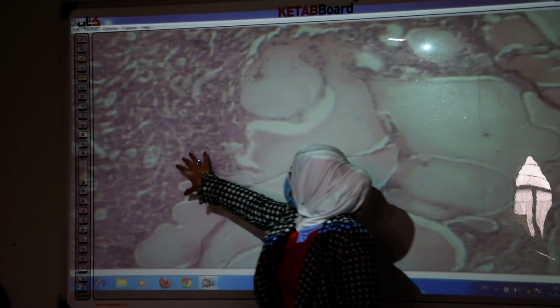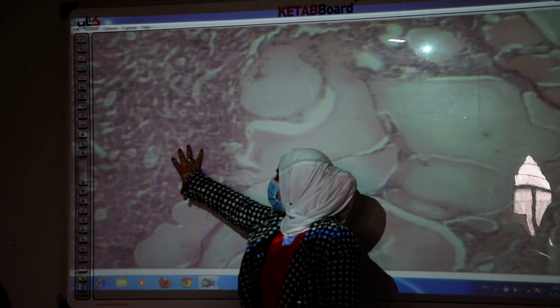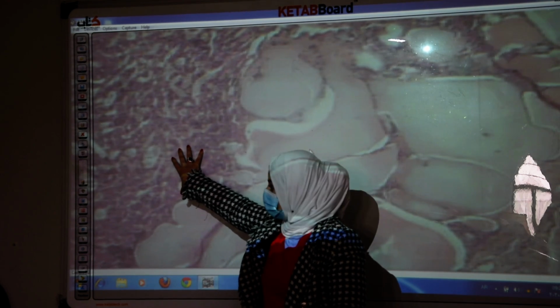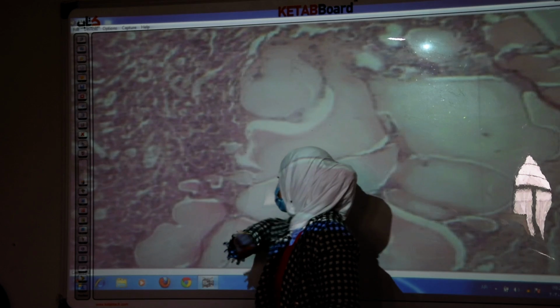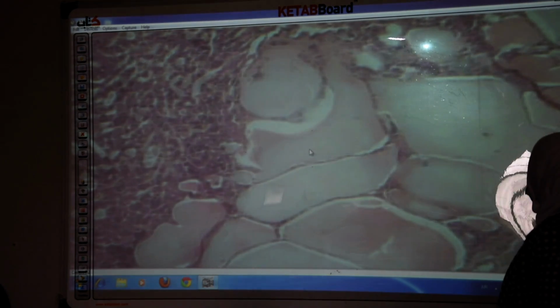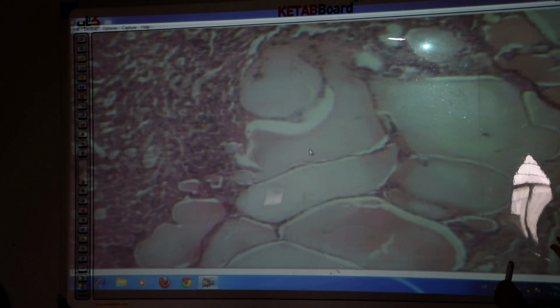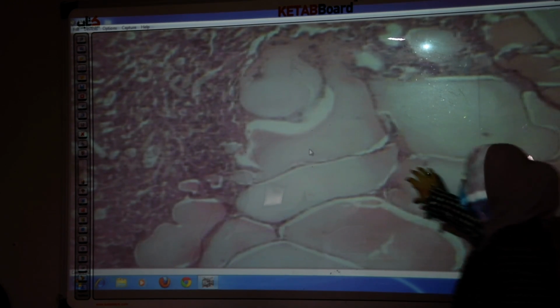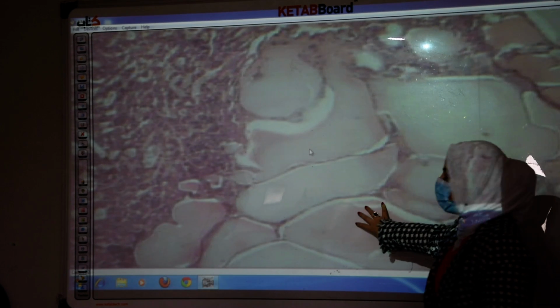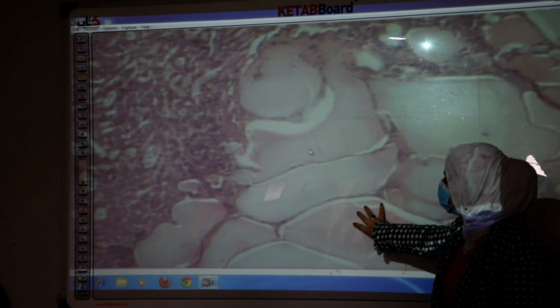This part represents the adenohypophysis, or anterior lobe. And this part is paler, this part is the neurohypophysis. In the middle, we can locate the pars intermedia.